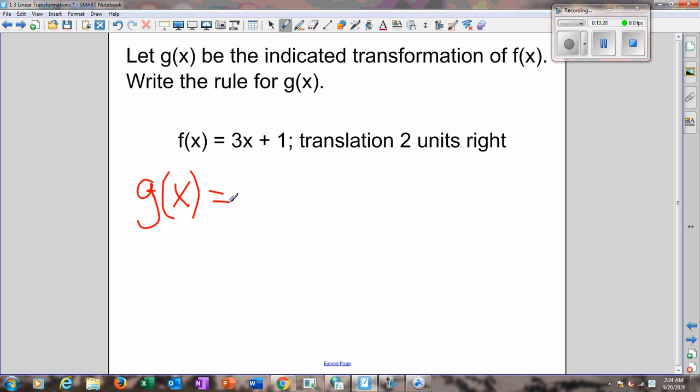Where the x is, you replace it with the 2 units right. So it's going to be 3, put your parentheses, x minus 2 plus 1.